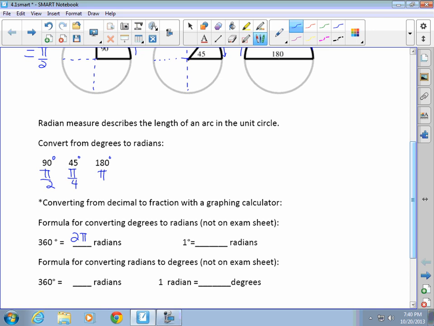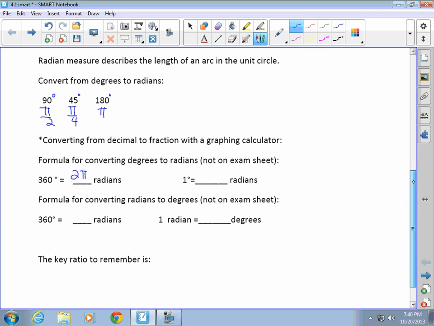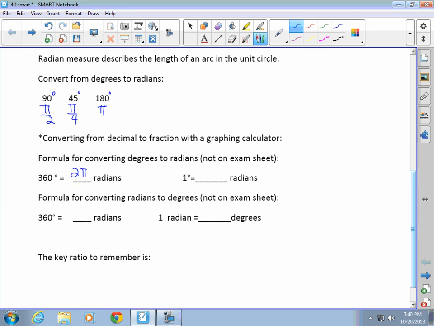To figure out what 1 degree is, to get 1 degree on this side, we would have to divide by 360 on this side, which means that we have to divide by 360 on this side. So here we're left with 1 degree, which is what I want here.